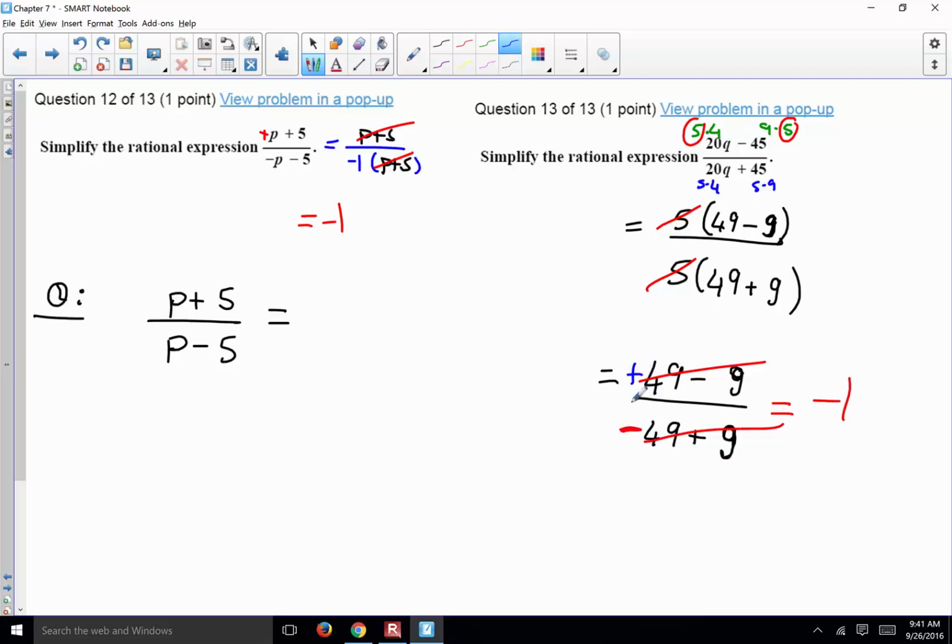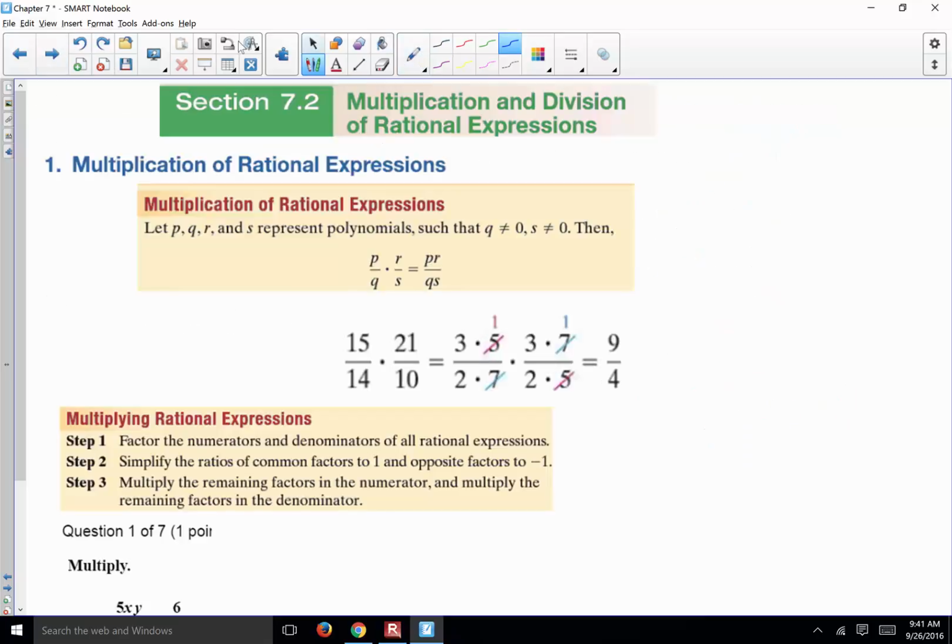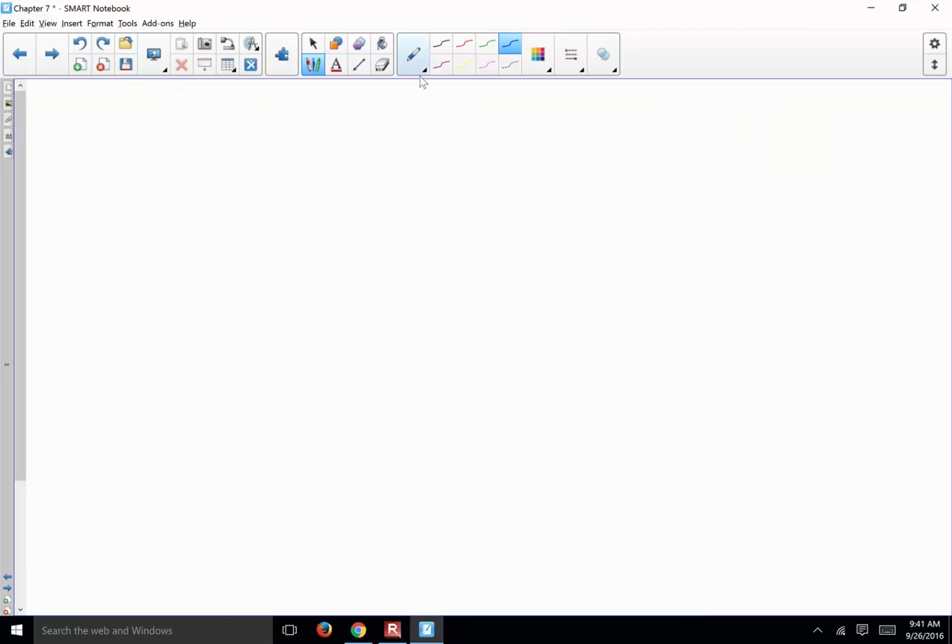Like this is plus, this is minus, this is minus, this is plus. Yeah, I can cancel now, but not like this, because these are same. These are opposite. Won't make it. It must be both sides opposite.